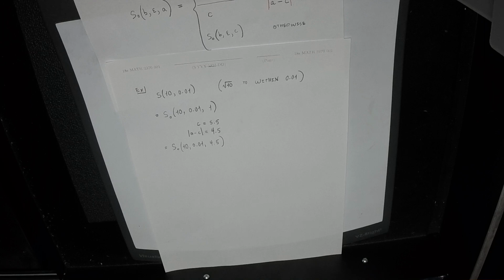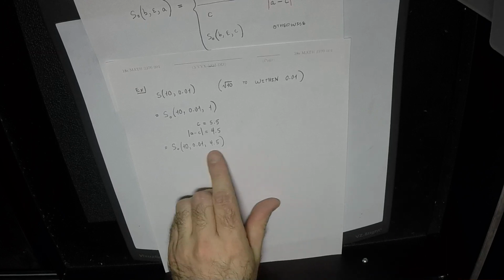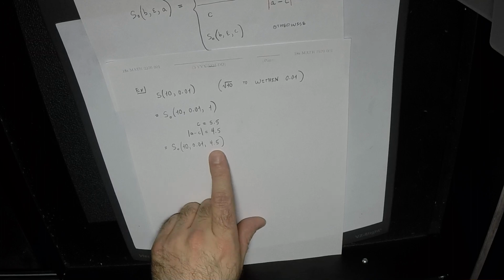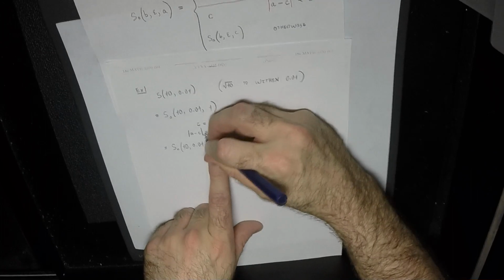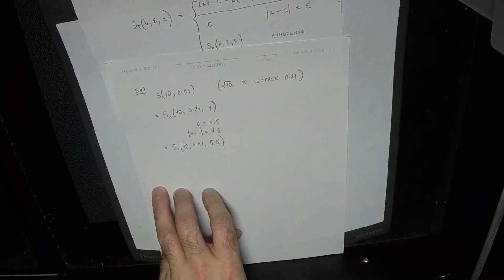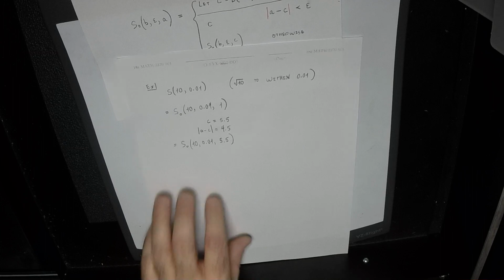So no, not 4.5. I made an error here. What's the error? That's the absolute value of A minus C, right? What argument does this need to be? C, right? So that's my error. Okay, so in fact, what I said is still true. We still jumped ahead of the true answer.